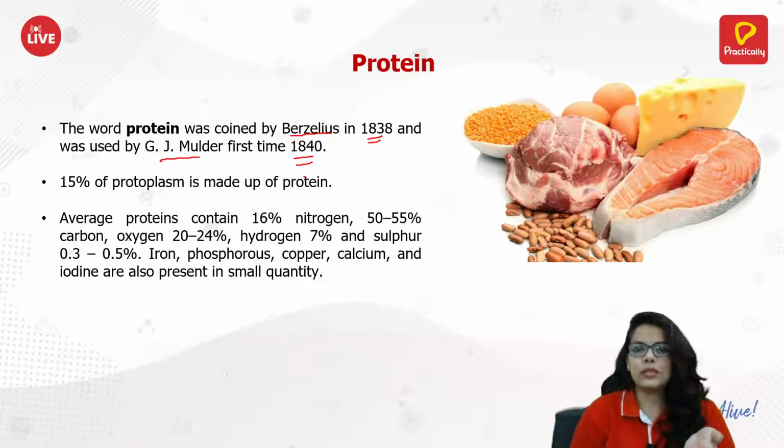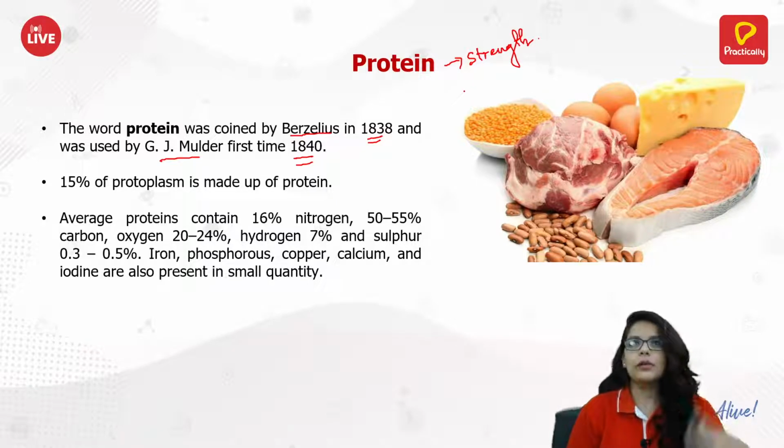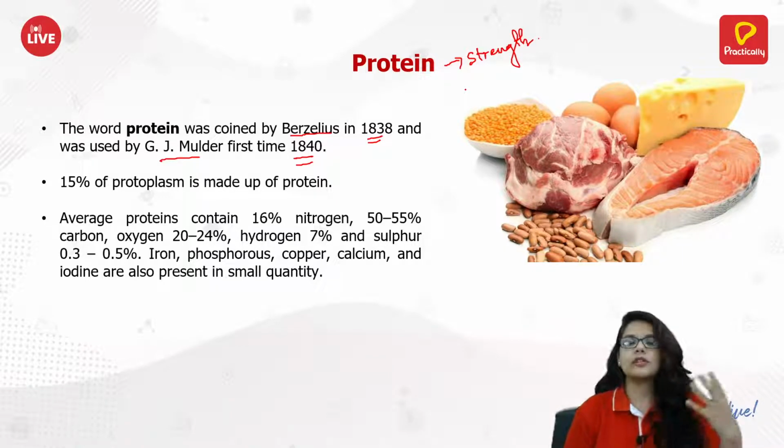So what are proteins basically? Whatever we eat, protein is something which gives us strength. When you want to build your body, you're going to the gym, you'll always see nutritionists and dietitians talk about how you should have a lot of protein.